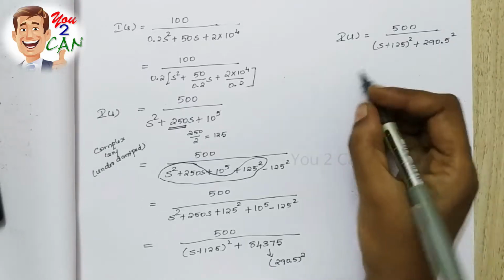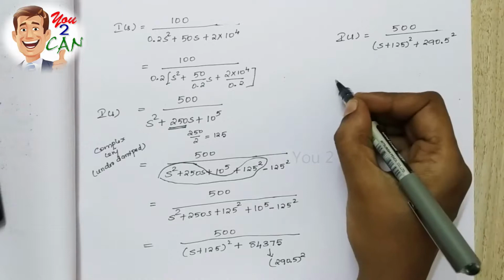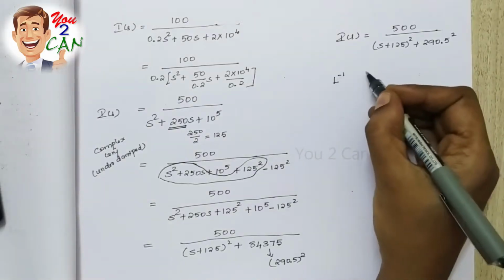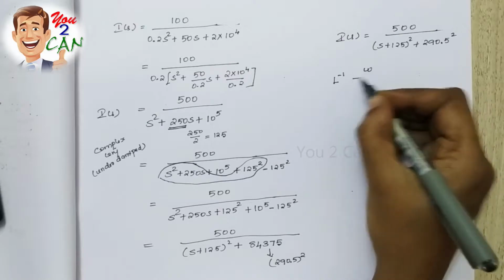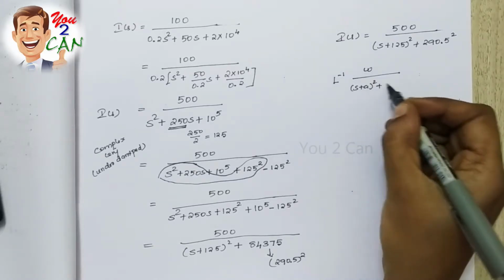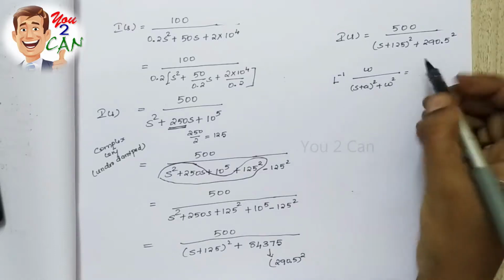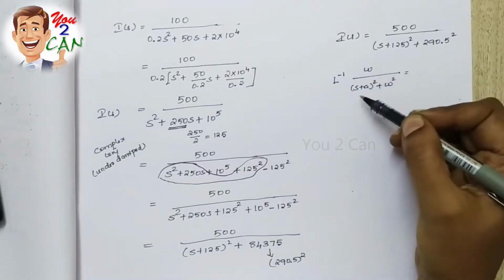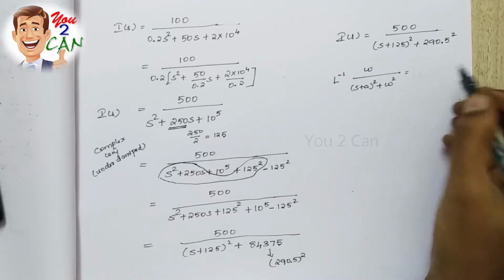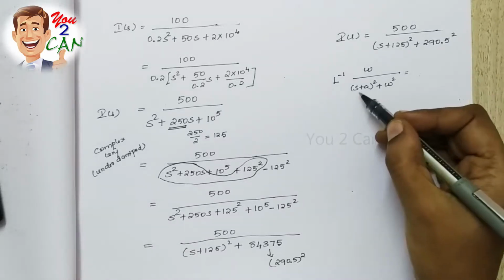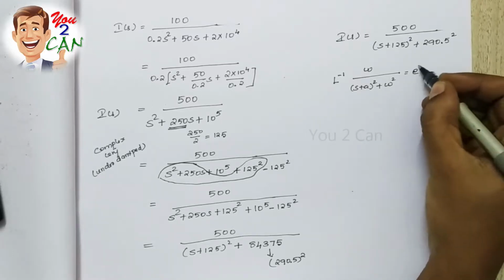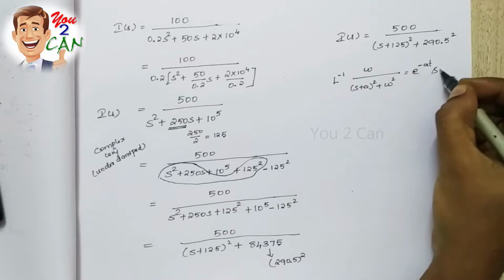We have already known a formula, that is Laplace inverse of omega by s plus a the whole squared plus omega squared. Something by s squared plus omega squared will be sin omega t. But here instead of s we are having s plus a, so it will be e power minus at sin omega t.